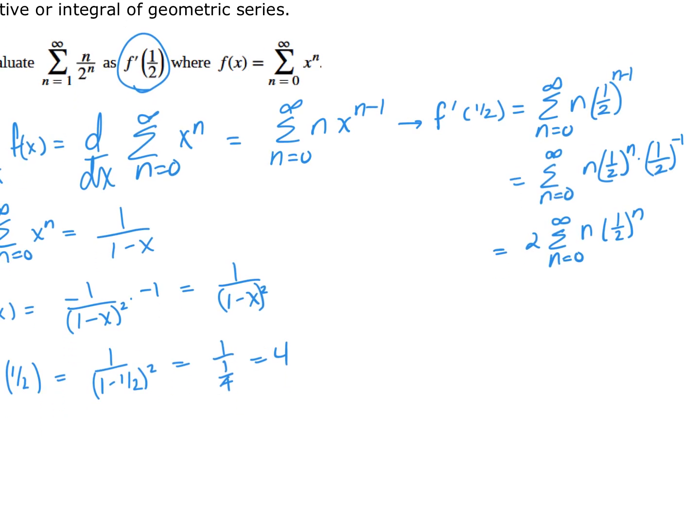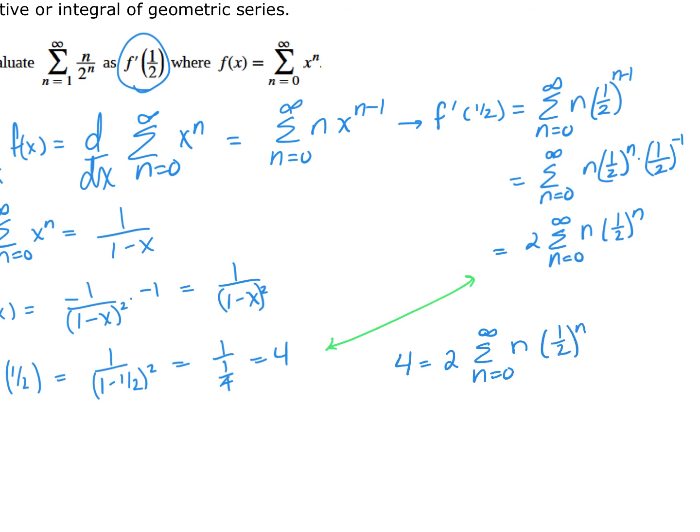But these two things have to be equal. So 4 has to equal 2 times the summation of n equals 0 to infinity of n times 1/2 raised to the n.